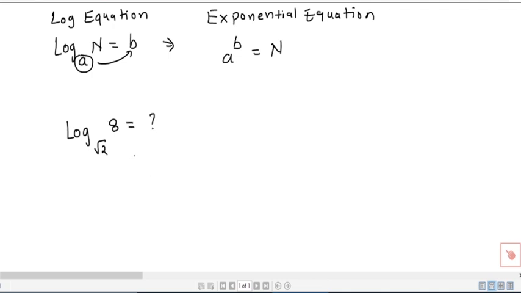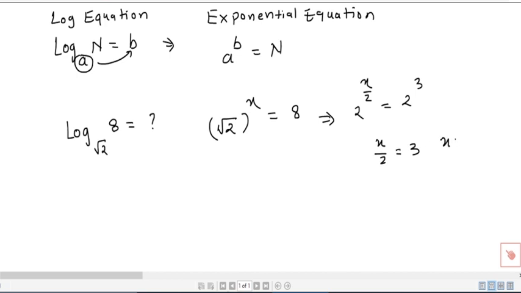What I am asking is, if I write root 2 and raise it to some power x, then I get 8 as the answer. I want to know what this x is, this power. So you will say this is 2 power x upon 2 equal to 2 power 3. So you will get x upon 2 is equal to 3, which means x equals 6.